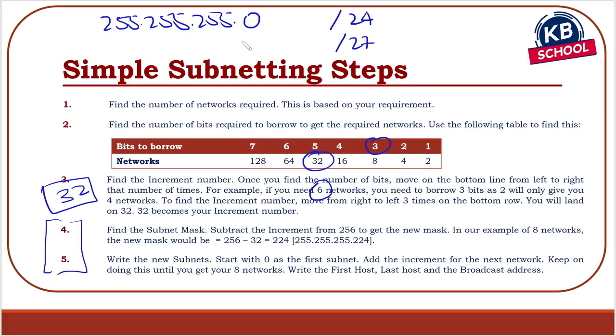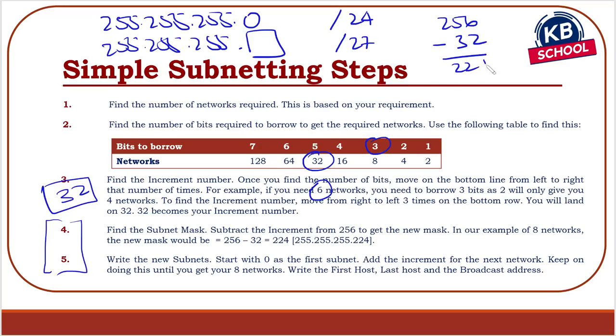If 32 is my increment number and I borrow 3 bits, I automatically know it's /27. And this guy over here, 255, 255, 255, to get the new subnet mask, you take 256, which is a static number, subtract the increment from it, and you get this new number, which is 224. So rather than adding that 128, 64, 32, you just subtract whatever your increment number is from 256, and you will get the new mask.